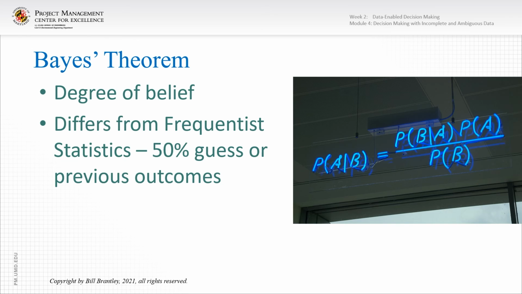Maybe this person has a straight, maybe this person has a full house, and you can calculate the probabilities in your head using Bayes' theorem. As you gather more information, it helps you refine the probabilities and get closer to the true value.